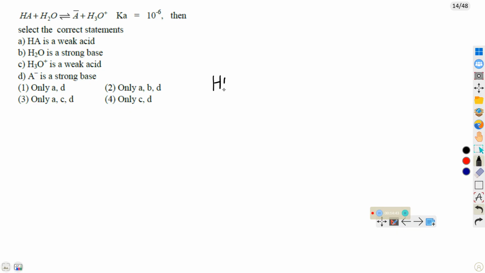HA plus H2O gives rise to H3O plus and A minus. Select the correct statements. HA donates H plus ion to H2O, so HA is a weak acid.